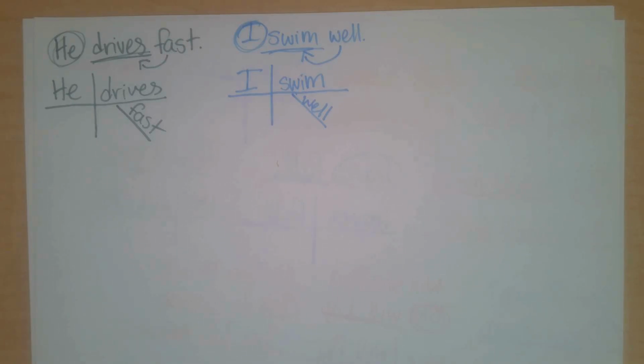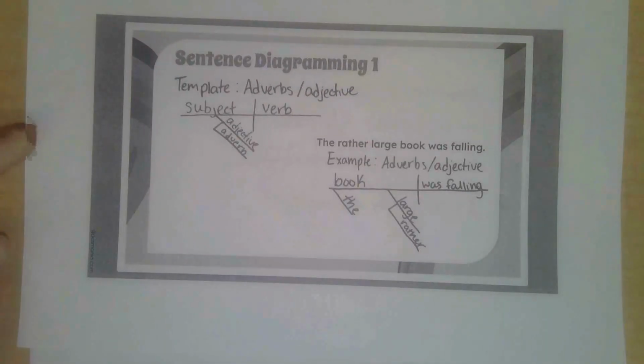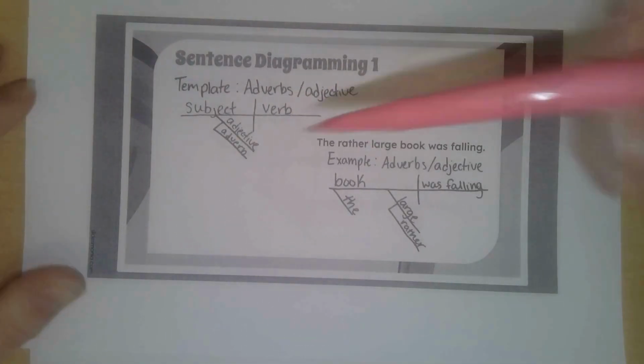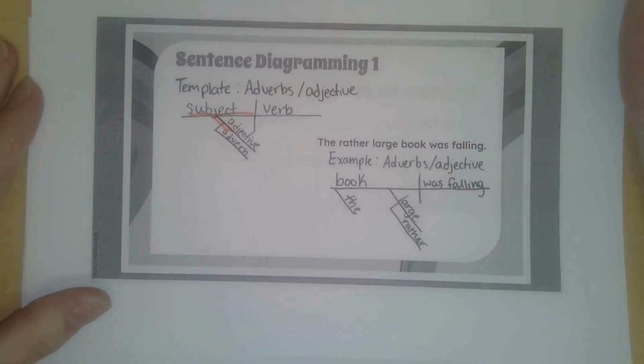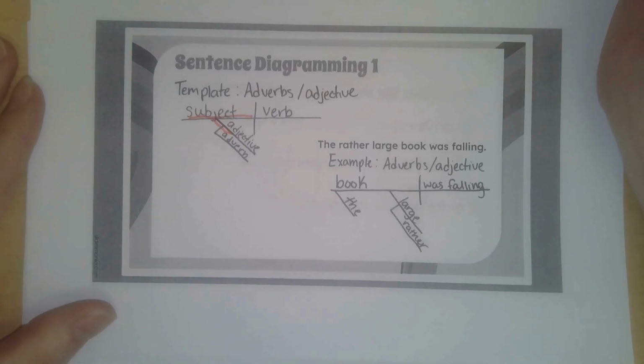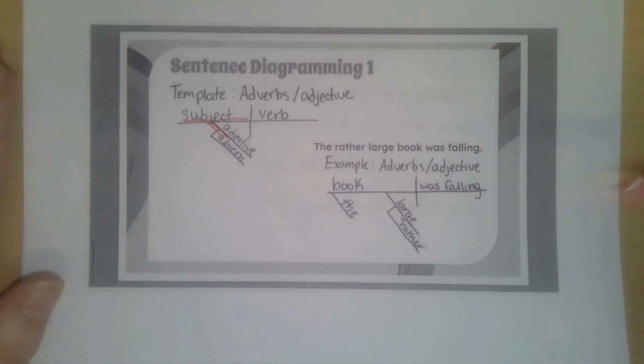Next, we're going to move to adverbs describing an adjective. So, we have adjectives that are connected to our subject, our nouns, just like we've done before with adjectives. But now we have adverbs that might describe them.